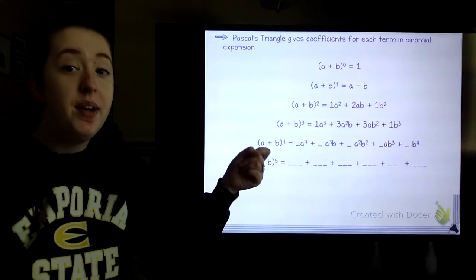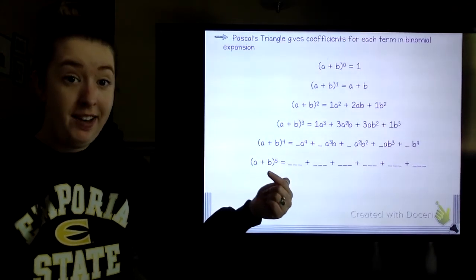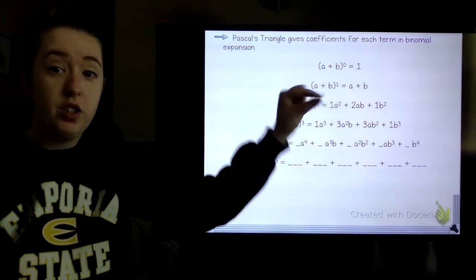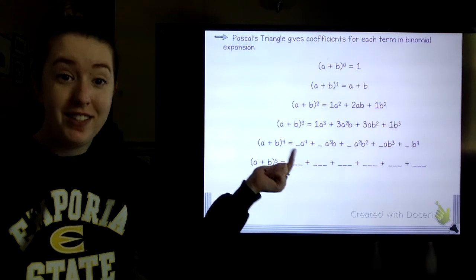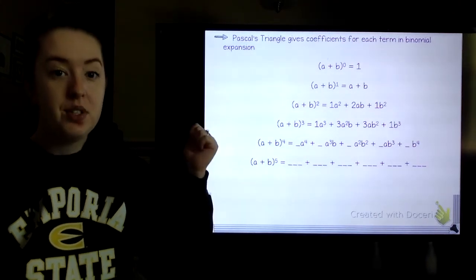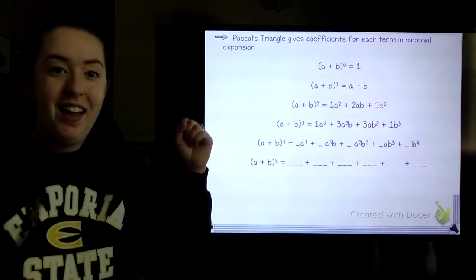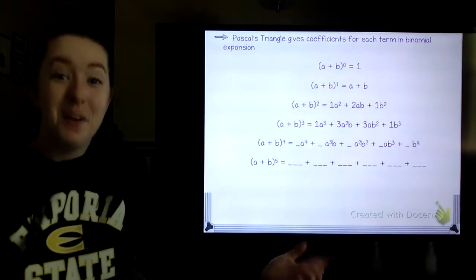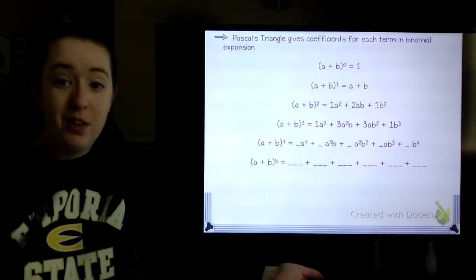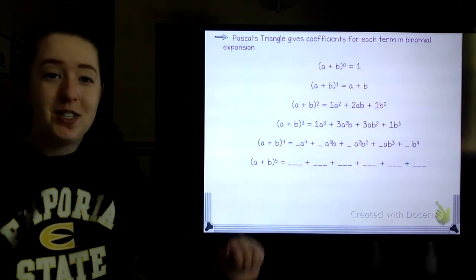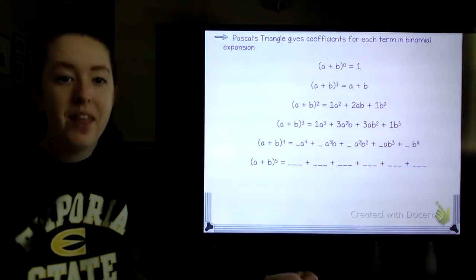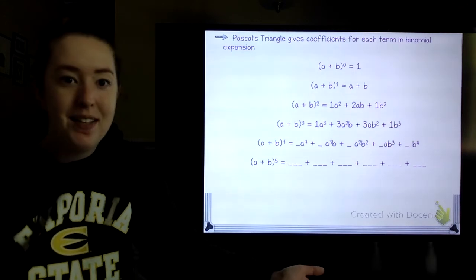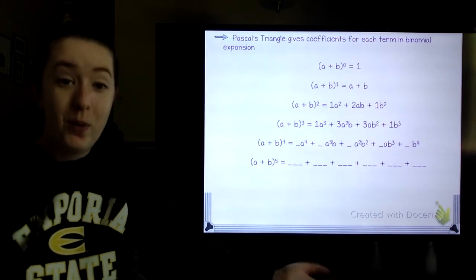The power defines which line we're on, and then that line of Pascal's triangle tells us the coefficients for each of the terms. In the 0th line, that would mean it's to the 0 power, right? Anything to the 0 power is 1, so that makes sense why that first one is called the 0th row. And then to the first power, a plus b to the first is just a plus b, so each of the coefficients is 1.